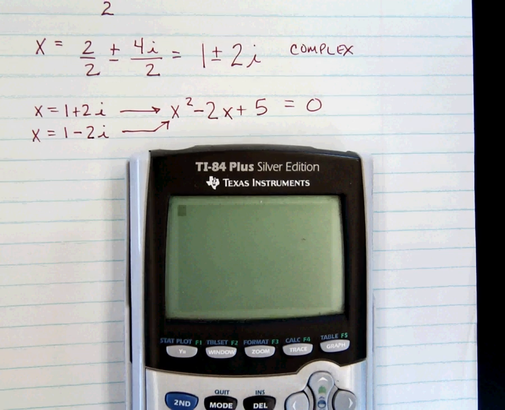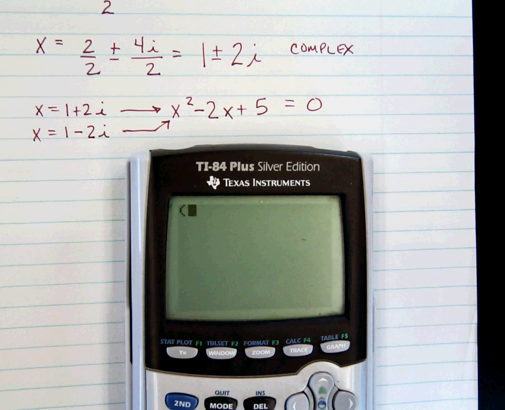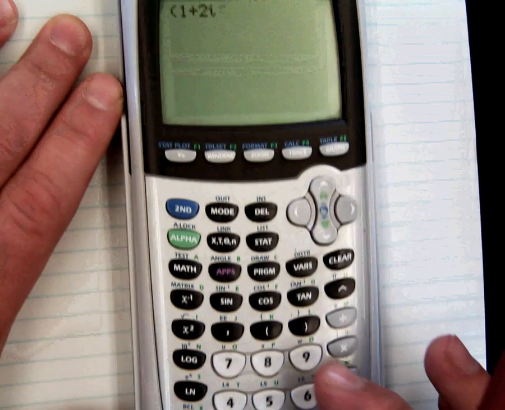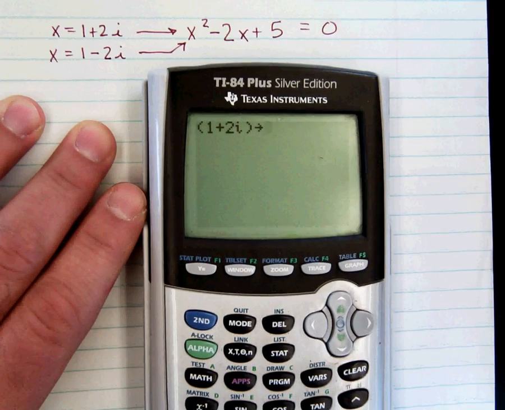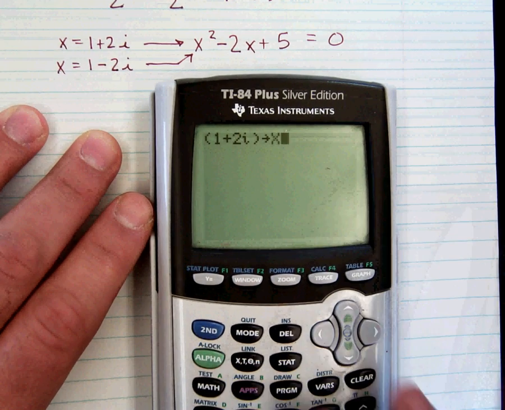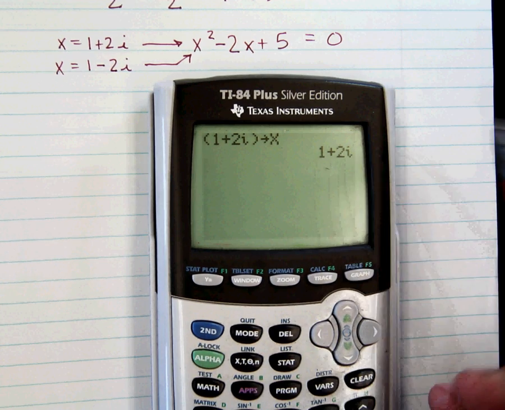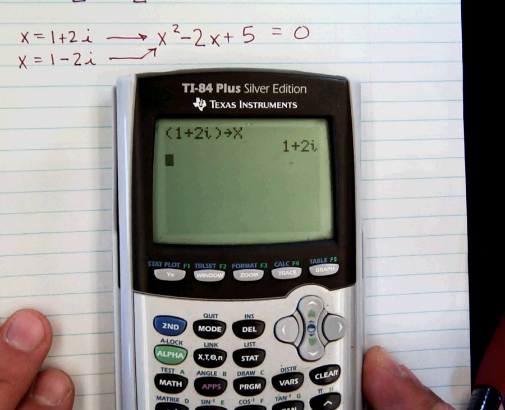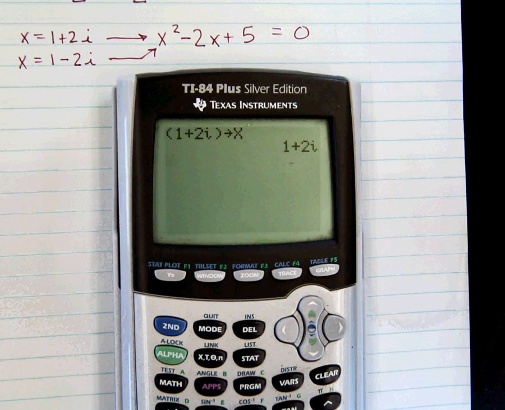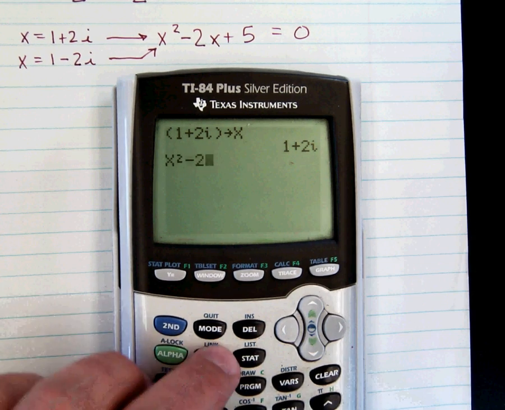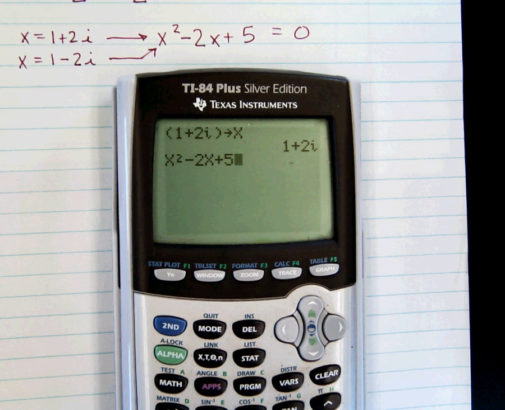So take the quantity 1 plus 2i, that's second I, and store that for x. Enter. Now the calculator says it has 1 plus 2i in its memory for x. So just type x squared minus 2x plus 5, and let's see if you get 0, and you do.